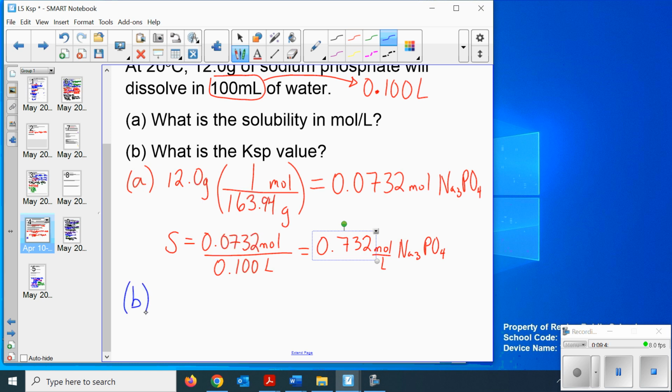Before I go on though, do I need to clarify? Okay, well, let's just double check this. Not trying to make a mistake. So let's just double check. Three groups of Na, so 22.99, plus one group of P, phosphorus, 30.97, plus 16 times 4 for oxygen.